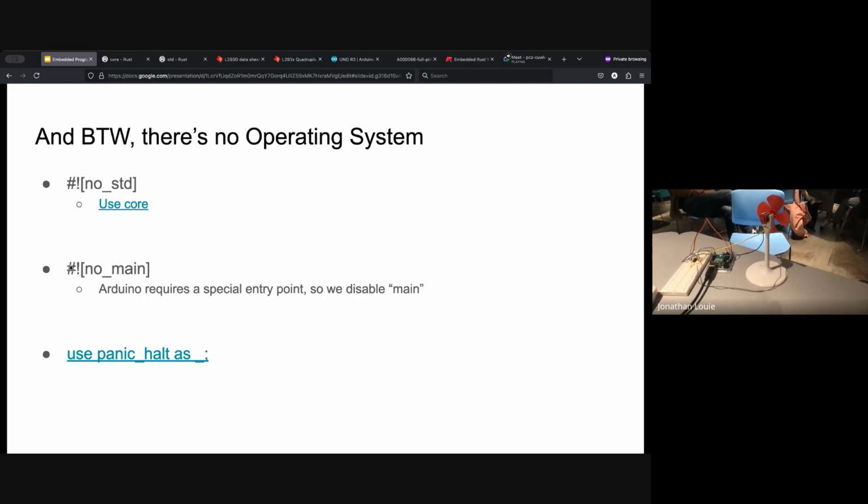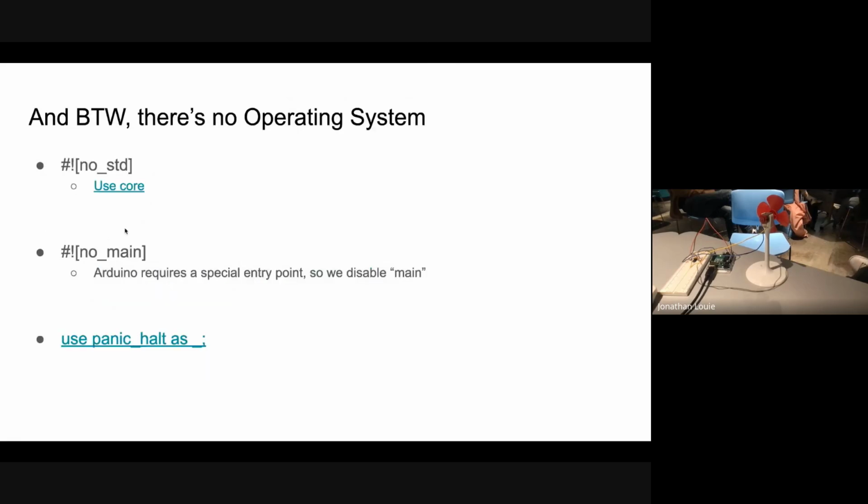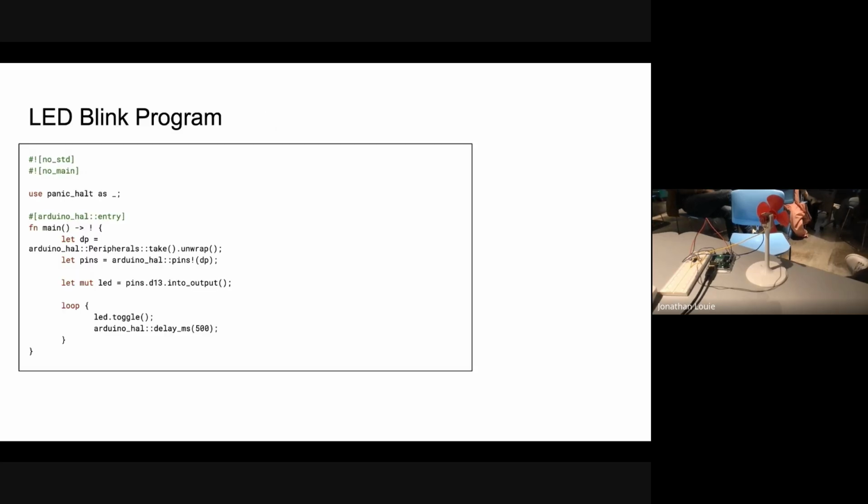And very similarly to the no main. Normally there's a little bit of loading that happens before main. In the embedded case, there isn't. So the beginning of your main is the exact beginning of your program. And here we have to register which function is our main. So I actually could have called main anything in this case, as long as I had this arduino_hal entry macro here.